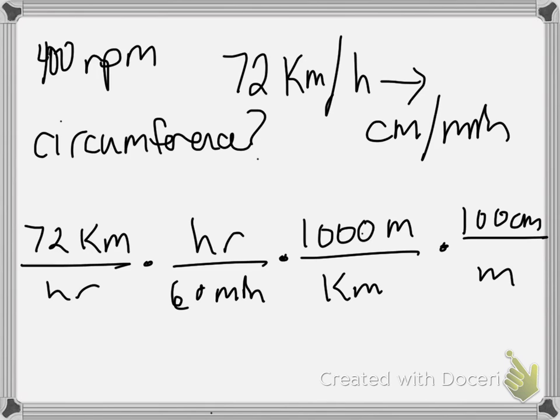So that's going to be 72 times 1,000 times 100 divided by 60. 1,200,000 centimeters per minute.